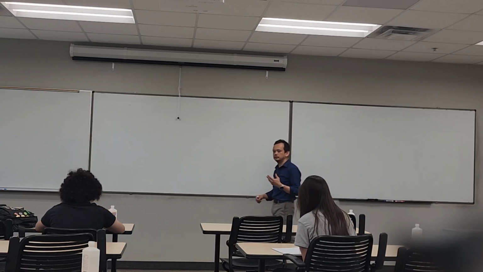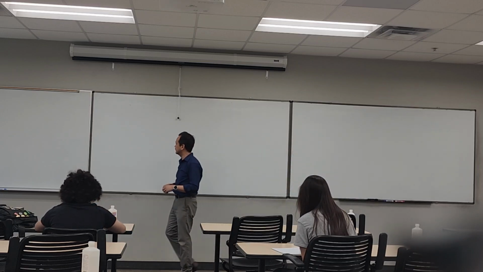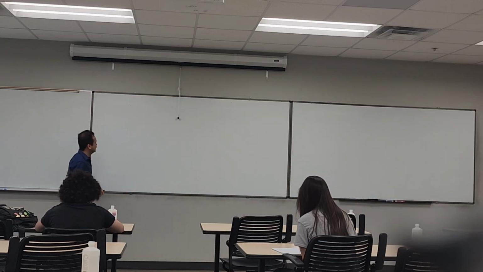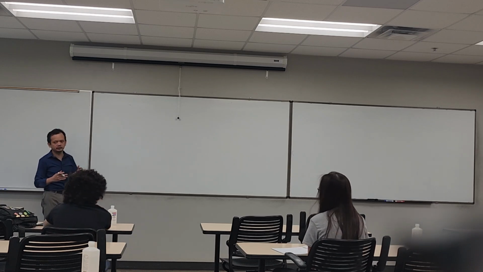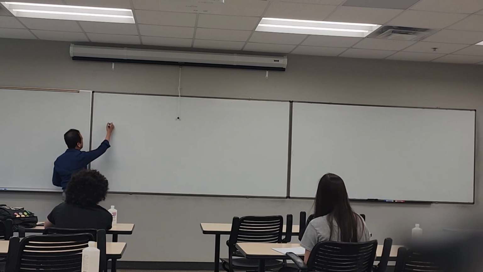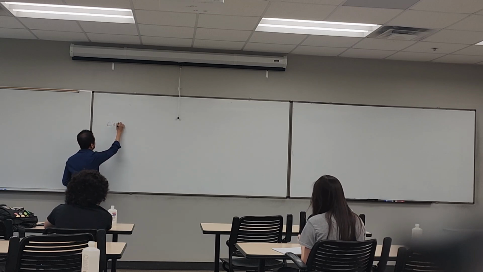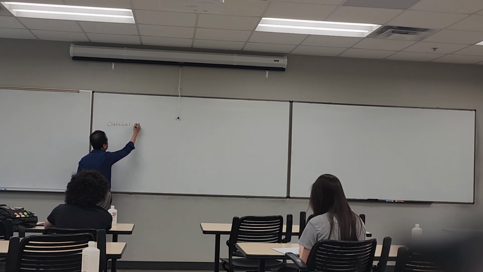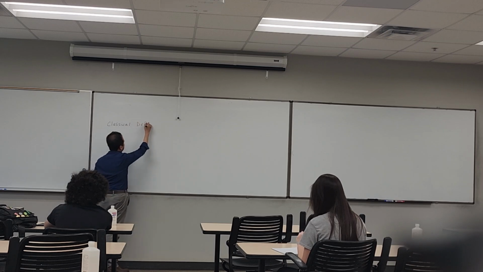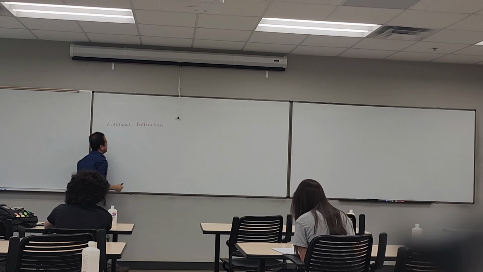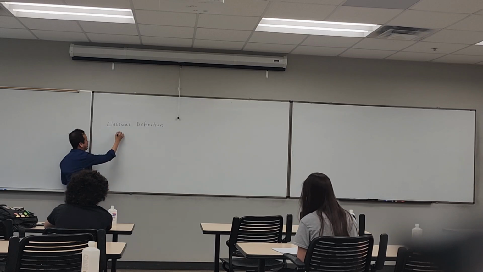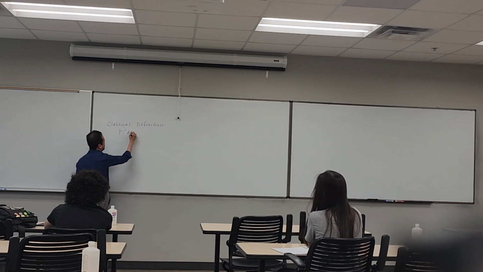So before we've been talking about mathematical rules of probability. Let's review what the rules were together. We talked about the classical definition of probability. That's if we're trying to find the probability of a desired event.